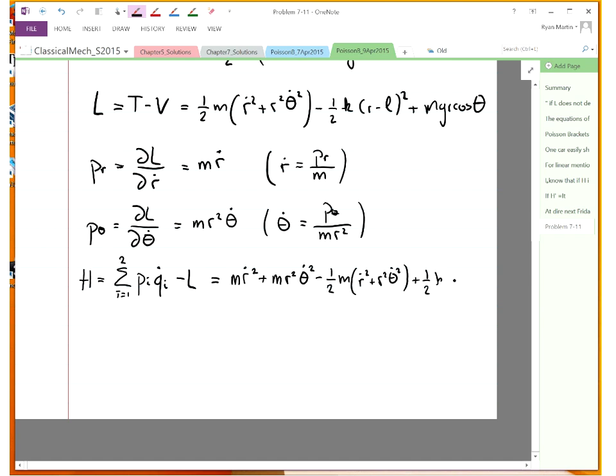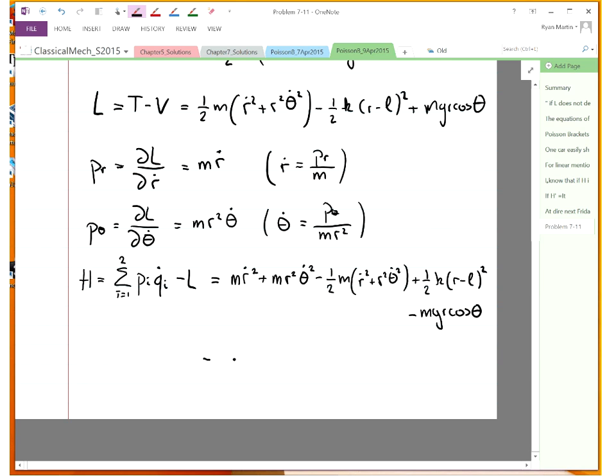Then it's plus a half K R minus L squared, and then it's minus mgR cos theta. As is often the case, I can combine the m R dot squared that I have at the front with the minus a half m R dot squared that I have from the Lagrangian.